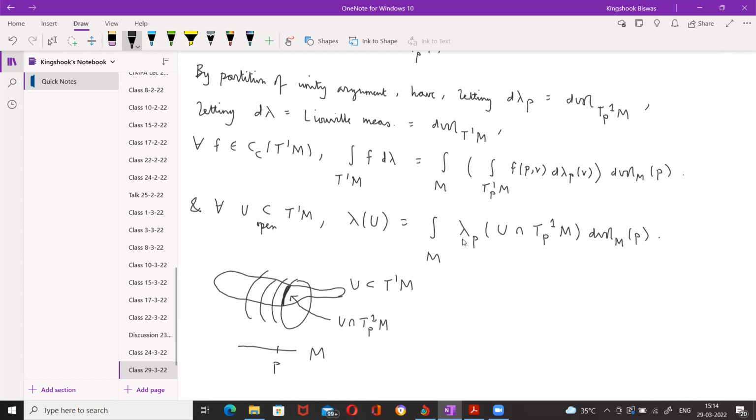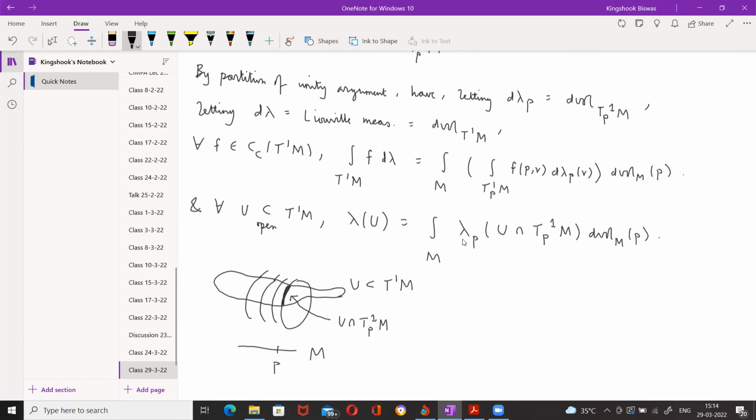I take the Riemannian volume measure of that with respect to the Riemannian volume of the sphere, right? That is lambda P of this U intersect TP1M. And then I integrate that, which gives me a function of P. For each point P, I get this measure, which is changing, this volume of this intersection with the sphere. And then I integrate that with respect to volume on the base.